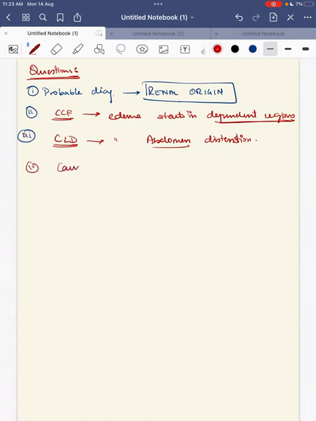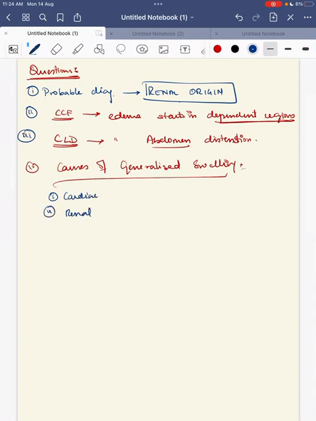Next, fourth question, causes of generalized swelling. First will be cardiac disease, that is congestive cardiac failure. Second, disease pertaining to renal origin. Third, disease pertaining to liver.